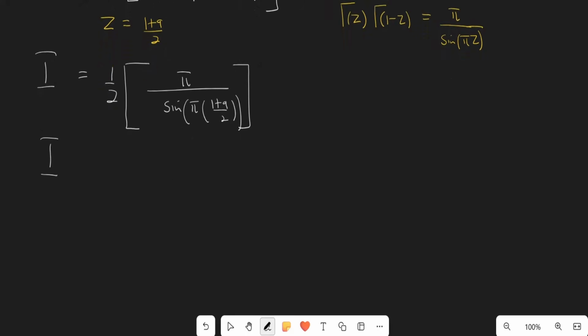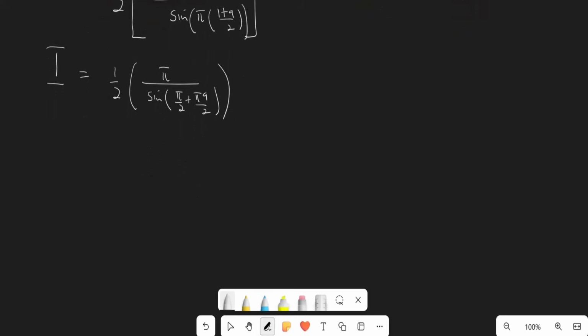So I is equal to 1/2, and then we have pi all over sine of, now multiplying in the pi, pi over 2 plus pi a over 2. So we can now use the double angle identity, right?